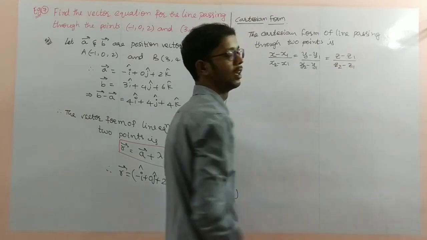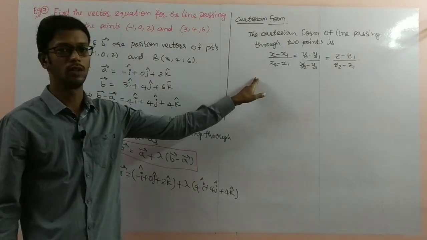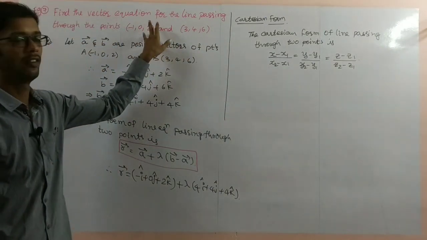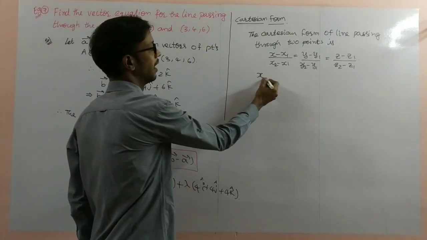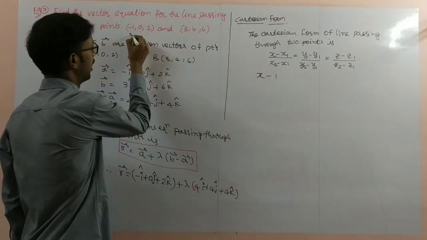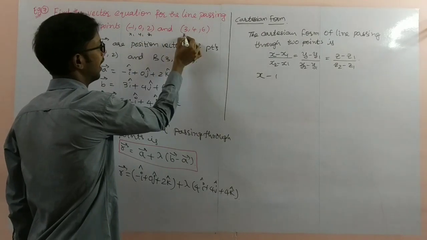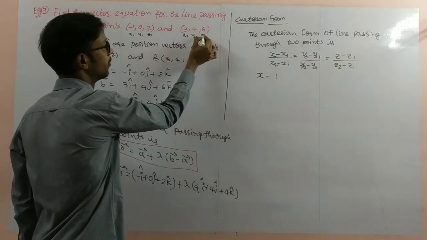Now substitute: take this one as x1 y1 z1, and this one as x2 y2 z2.